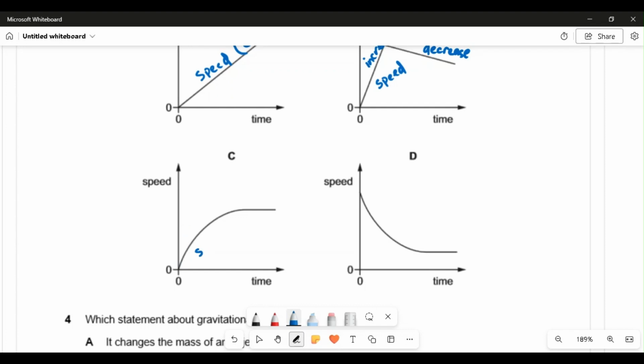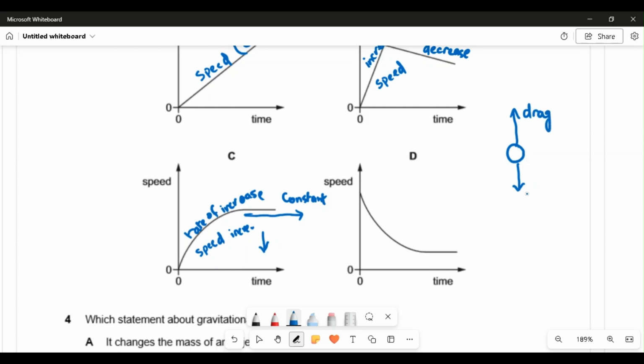So speed is increasing for some time, but the rate of increase is decreasing. Why? Because the drag is reducing it, and after some time the speed becomes constant. When speed is constant, at this point you can say the ball has the downward force of gravity and the drag equal in amount.